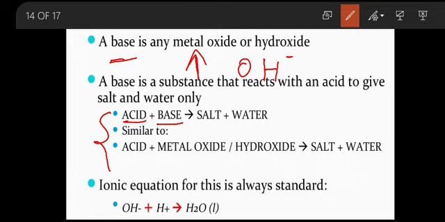How can I mix both the things? Yes, you can mix both the things and in the end you will get back your salt and water. Salt plus water. When you mix up an acid and base, you will end up with salt and water. There is nothing wrong in mixing both the solutions. Okay, children? Okay.